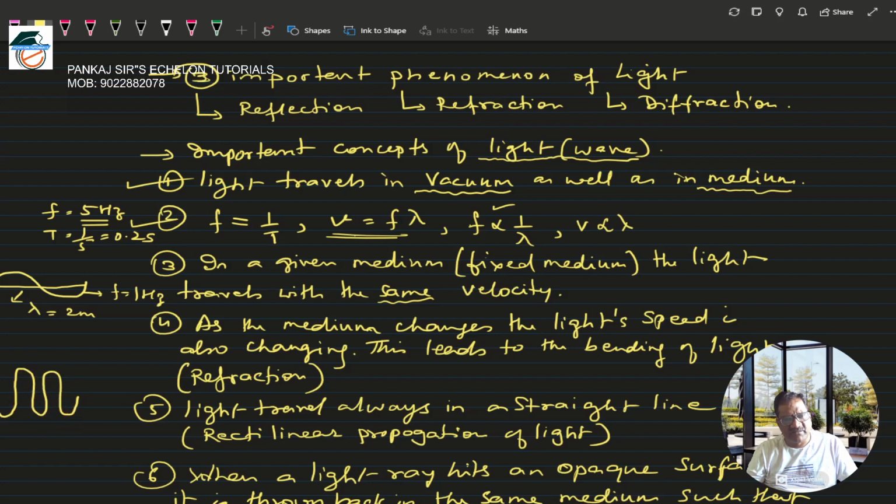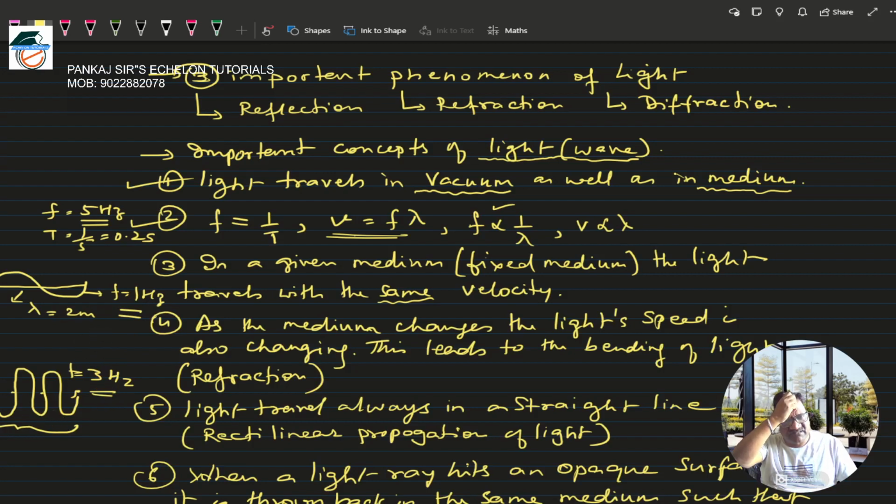From here to here is one wave, from here to here is two waves, and from here to here is three waves. So these are three waves I have drawn, so the frequency will be 3 hertz. Agreed? Now if you see, here the frequency is 1 hertz, here the frequency is 3 hertz.